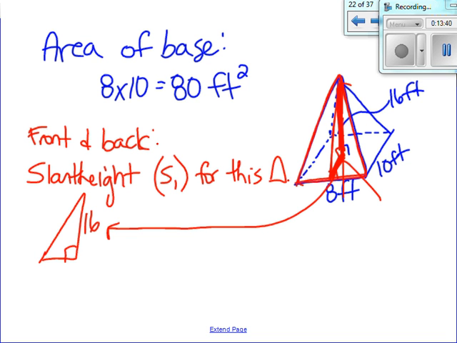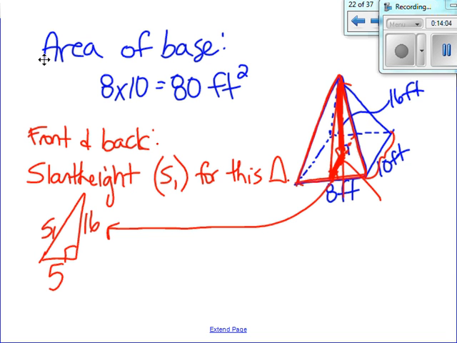Because it's half of 10, so half of all the way across here is 5, so I'm going to use that on the bottom. This is the slant height of this one, so I'm going to use the Pythagorean theorem to solve for that. This is as complicated as these questions get. So we're jumping right into a complicated one. You can see it right off the bat.